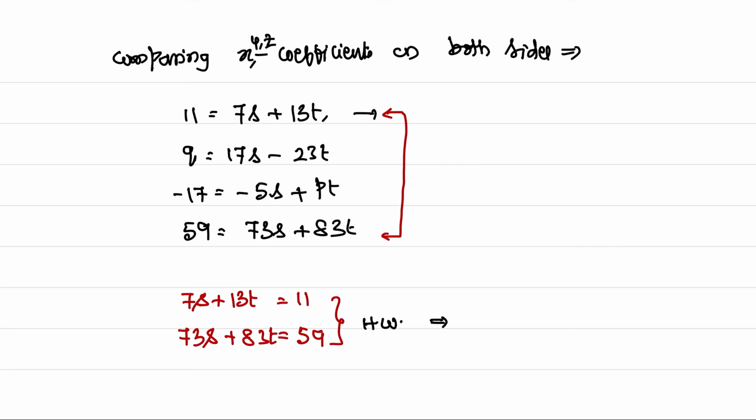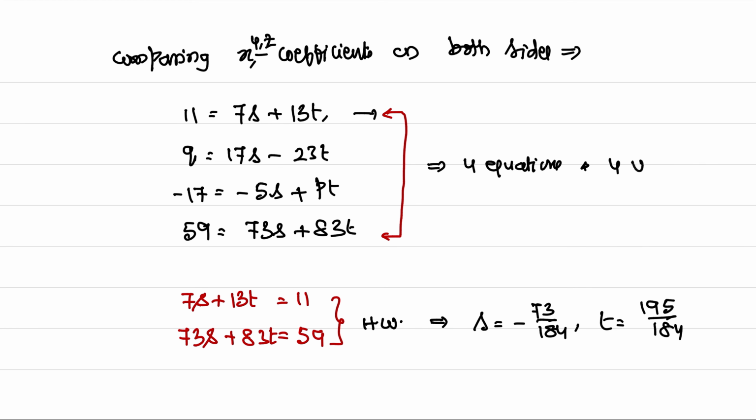So that you will get the value of S. S is equal to minus 73 by 184 and T is equal to 195 by 184. Here, 4 equations and 4 unknowns. When we use these two, we will get S and T values.